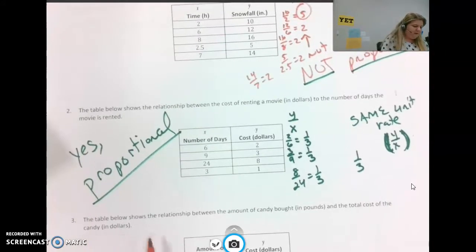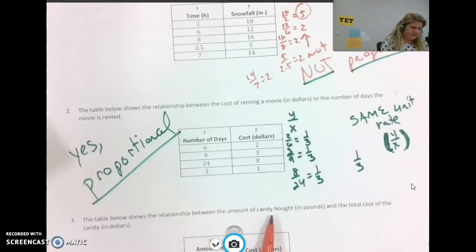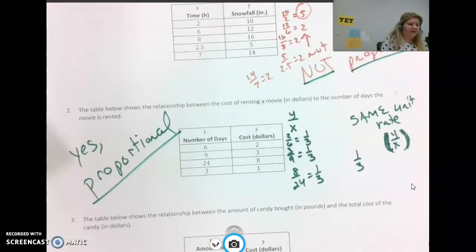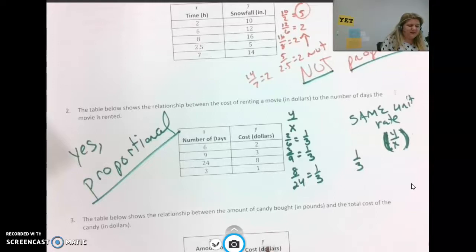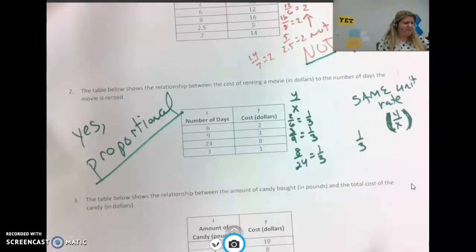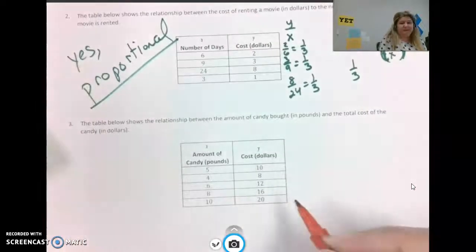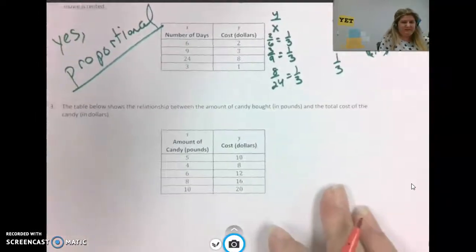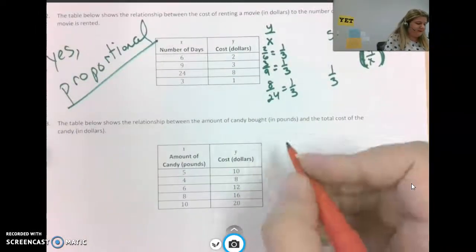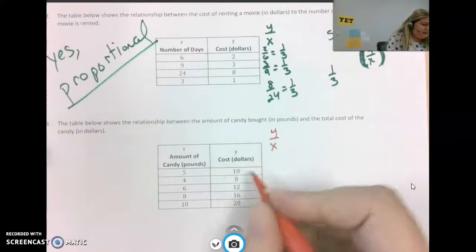Okay. The table below shows the relationship between the amount of candy bought in pounds and the total cost of candy. In other words, is the cost of all candy the same by pound? I don't know. It depends on what they looked at, I guess. So, finding our unit rate, y divided by x.